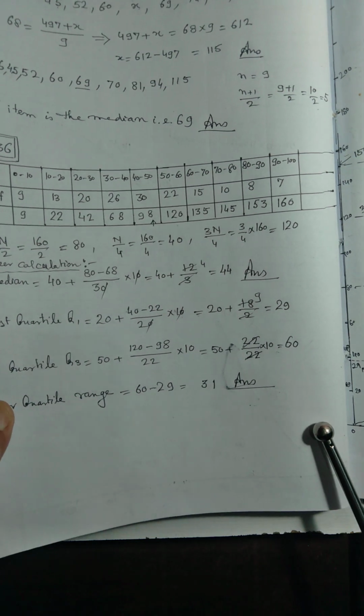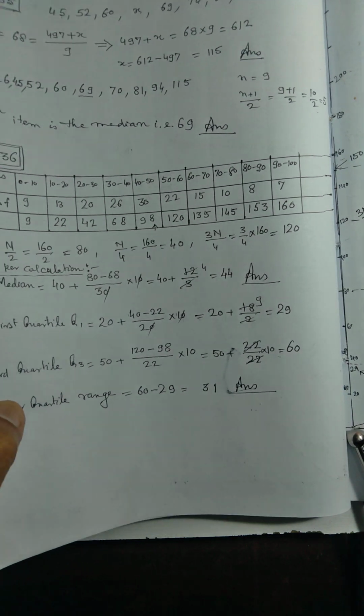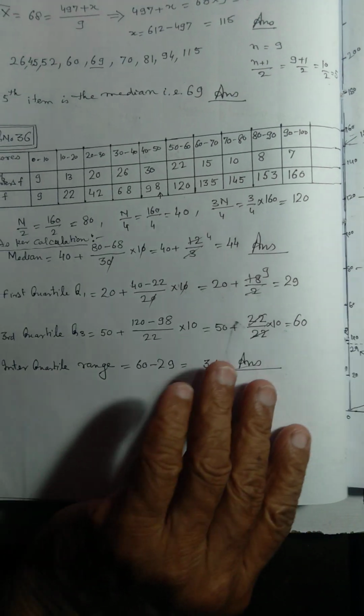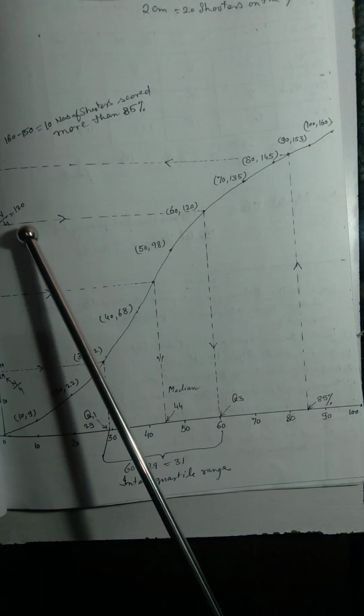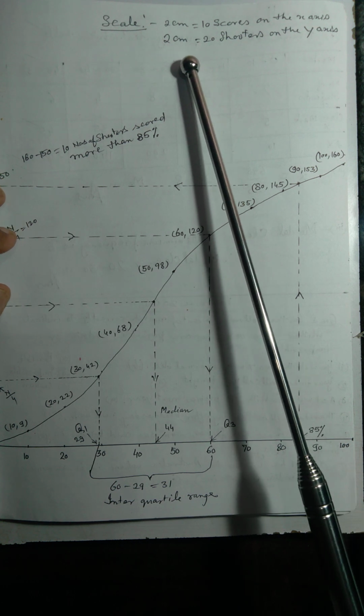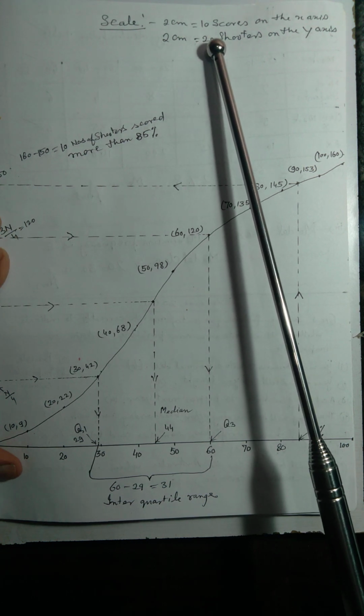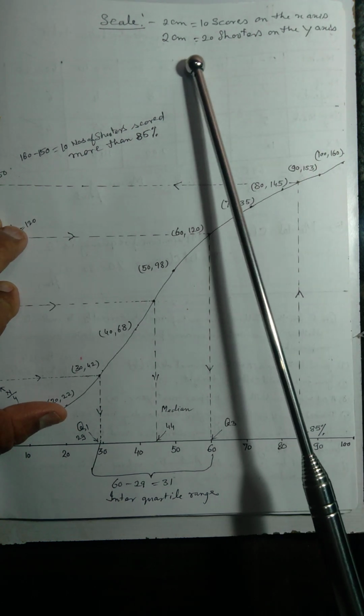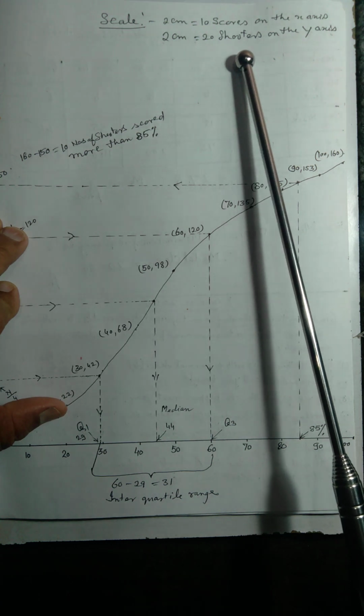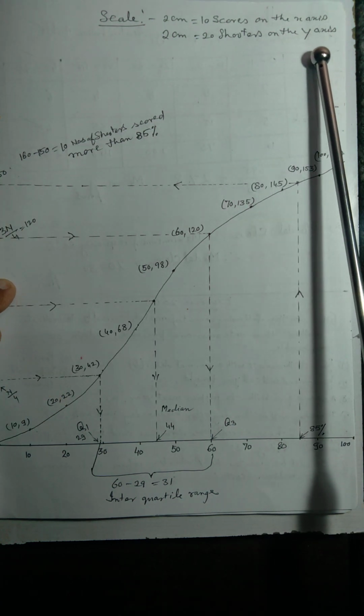Now let us do the same question with the help of a graph. Scale: 2 centimeter is equal to 10 scores on the x-axis, and 2 centimeter is equal to 20 shooters on the y-axis.